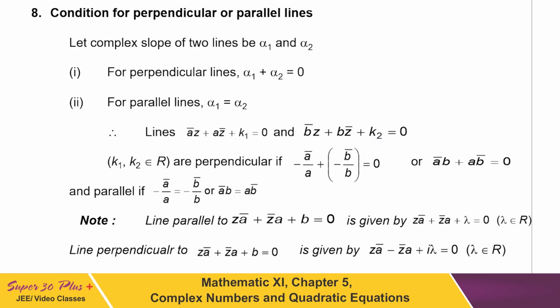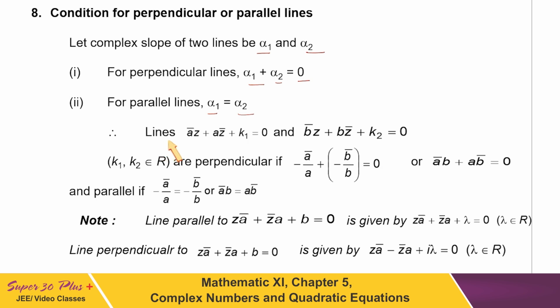Students, here are the conditions for perpendicular or parallel lines. Let the complex slopes of two lines be alpha 1 and alpha 2. For perpendicular lines, alpha 1 plus alpha 2 is equal to 0. If lines are parallel, then alpha 1 is equal to alpha 2.